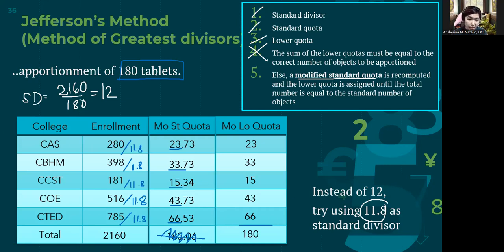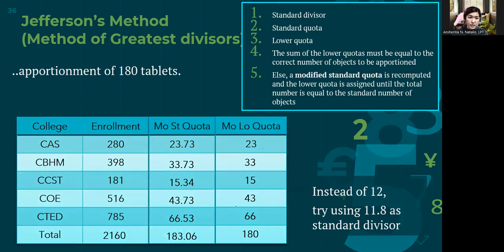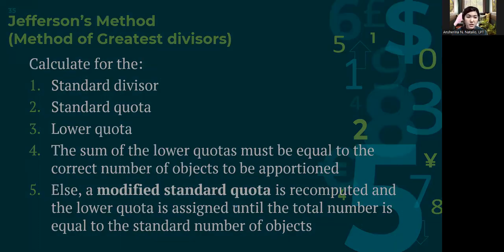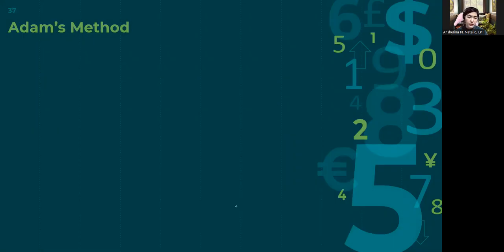Since it is equal to the 180 tablets, this is okay. This is what we will apportion: 23 to CAS, 33 to CBHM, and so on. Actually, the result is similar to our Hamilton's method.